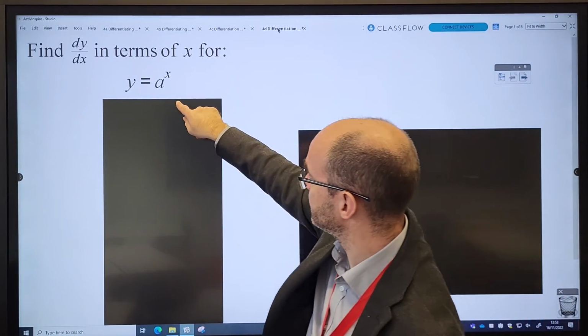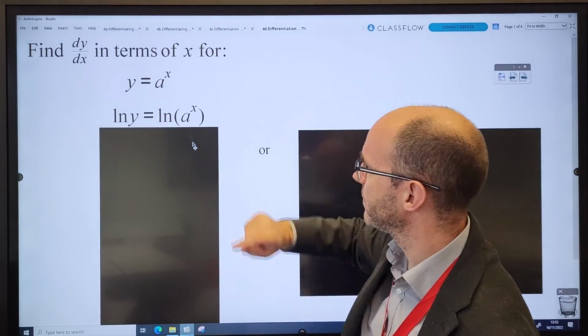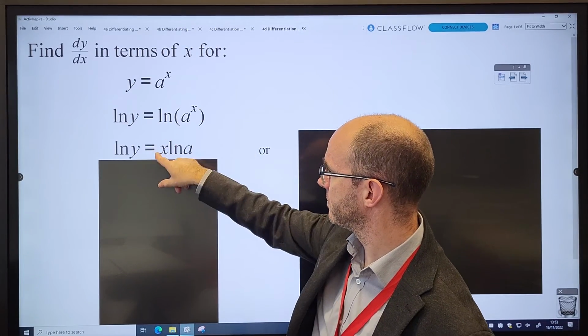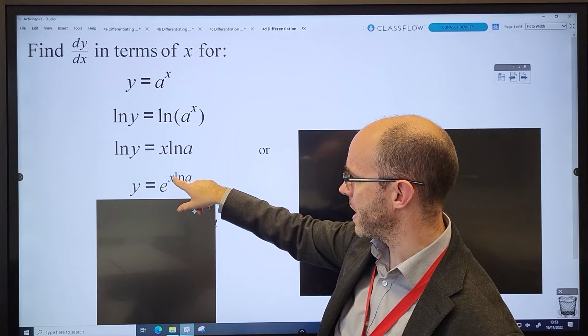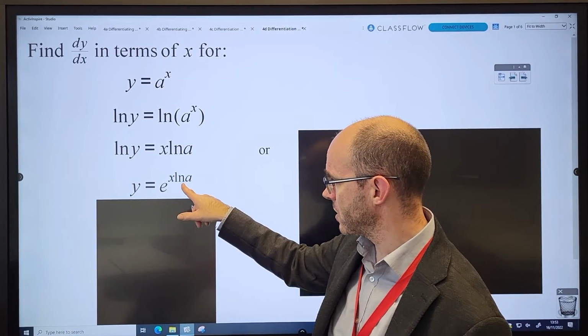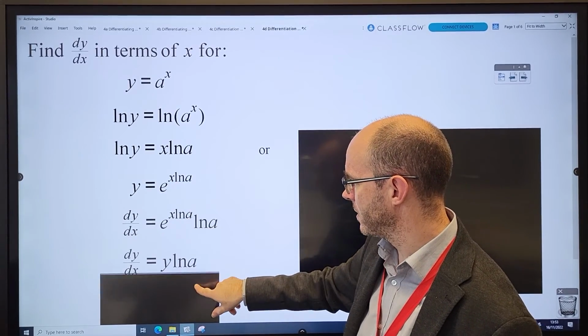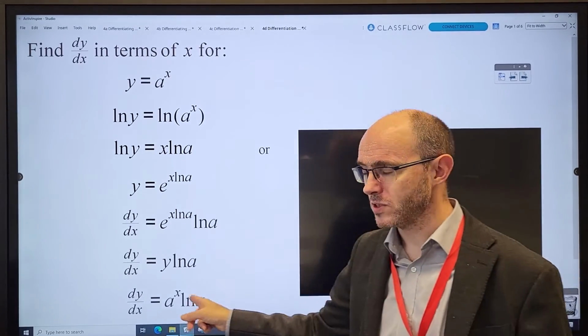Check yourself if you want to see if it works with negatives. But look, here we are, same rules again. So natural log of both sides, bring the power down, and then make y the subject, y equals e to the power of, differentiate that, chain rule, so it becomes that. And then this is the same as y, this is the same as a to the x. So here you go, your general standard result.